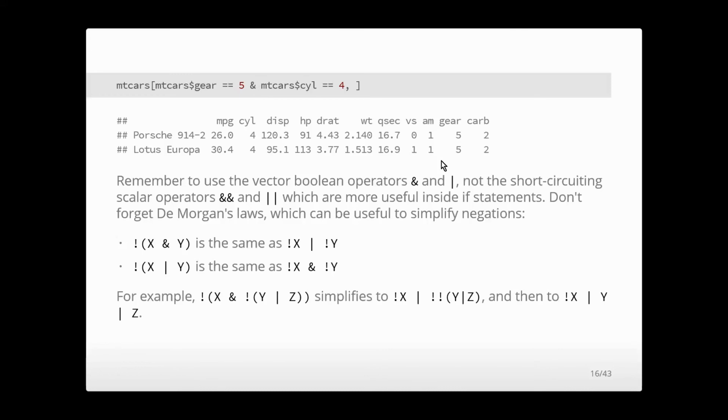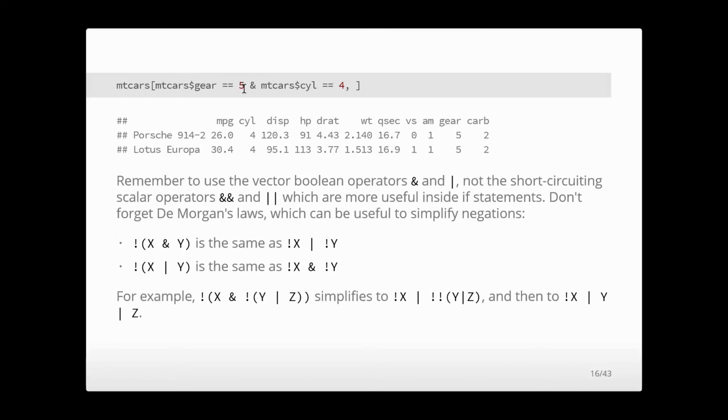You have the OR operator, which is the vertical bar. We also have double and and double OR. Double and only returns one true or false, and double OR also returns only one true or false. Whereas single and and single OR are vectorized. This is a vector of trues and falses, and there's one for every row.